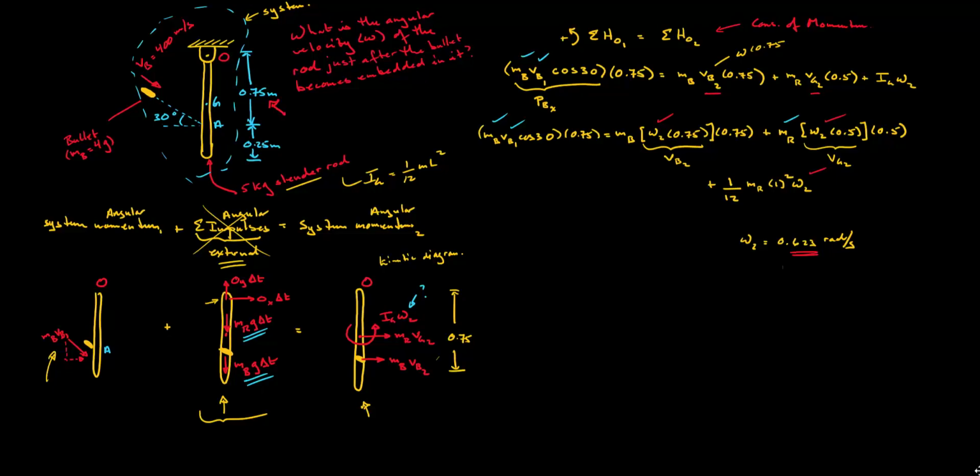So what this results in is a conservation of angular momentum equation, meaning that the angular momentum about point O at time 1 is equal to the angular momentum about point O at time 2. And this results in a fairly straightforward expression that allows us to solve for the final angular velocity omega 2.